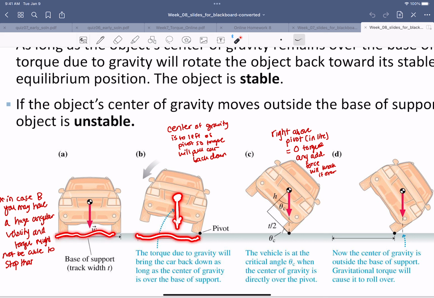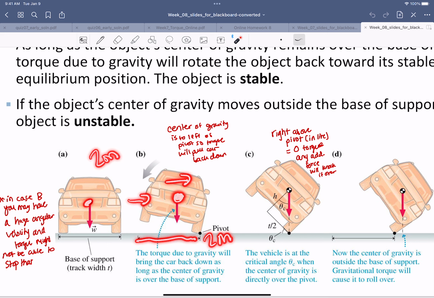So let's say the distance between the tires is like 2 meters. Here's my original base of support, 2 meters. If I start tipping over due to an accident, or if I swerve, then my center of gravity shifts over from its original position, to the left or to the right a bit.